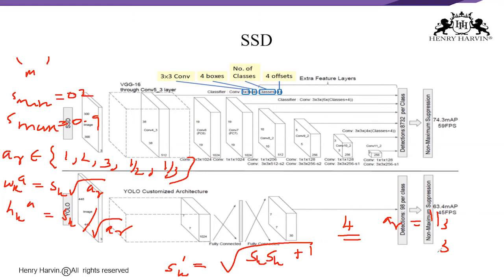Here each training image is randomly sampled from the entire original input image. Then we sample a patch so that the overlap with the object is 0.1, 0.3, 0.5, 0.7 or 0.9. The size of each sampled patch is between 0.1 and 1 of the original image size, with aspect ratio from 1 by 2 to 2.